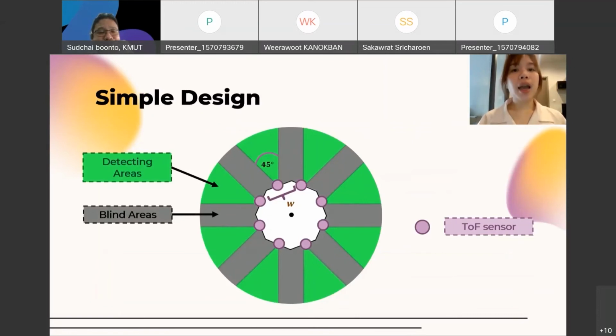If there is an object in the gray area, it will not be detected because the green areas don't overlap. This picture shows that 8 sensors cannot cover 360 degrees anymore compared with the ideal design. So it needs more than 8 sensors for this design.